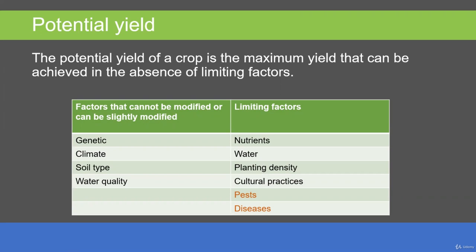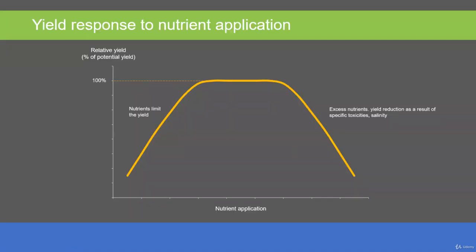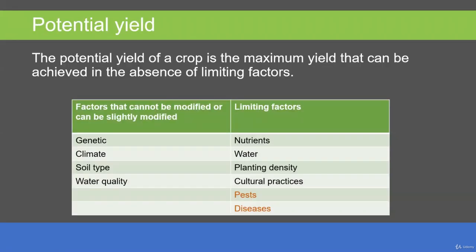These are all factors that can limit the yield. So we have the potential yield, and we have all the limiting factors, right? Where the potential yield is basically determined by the genetics. Okay, this is the potential yield.